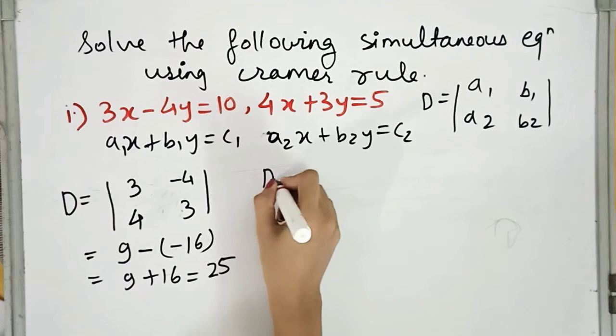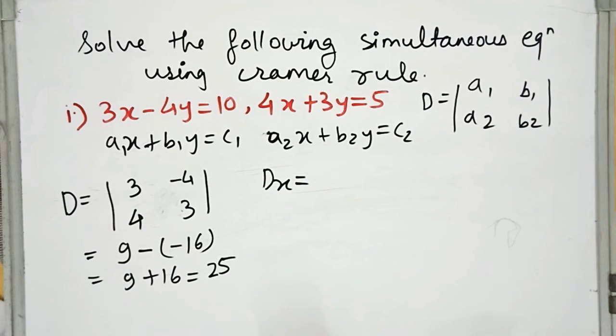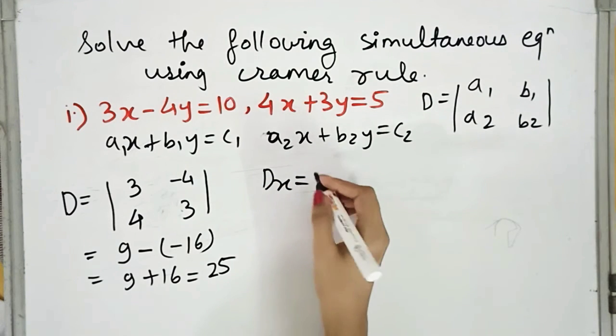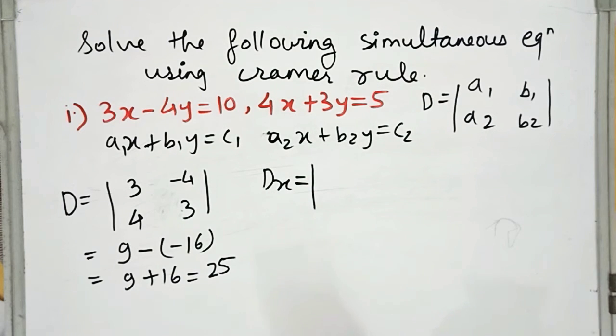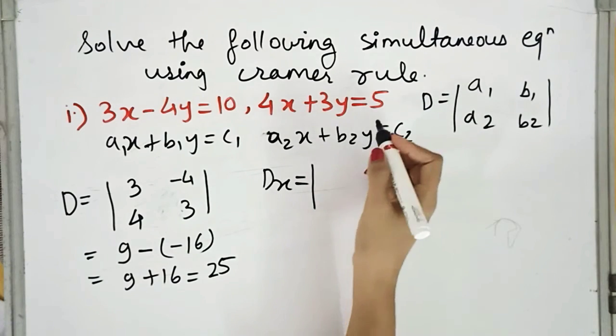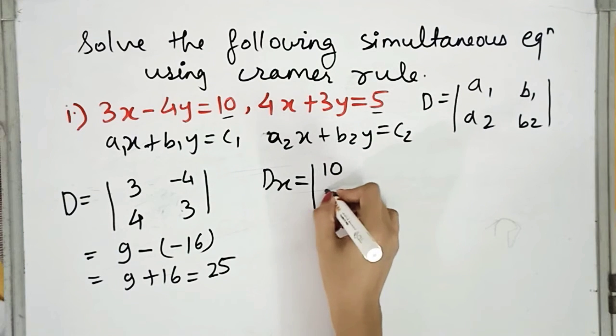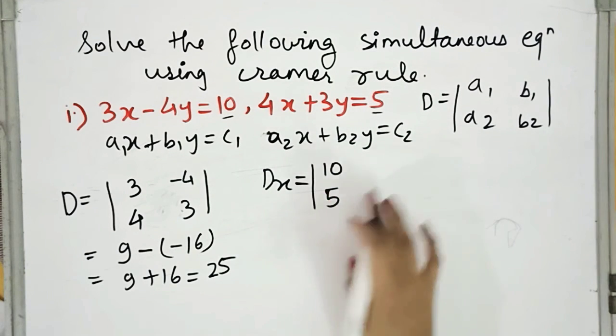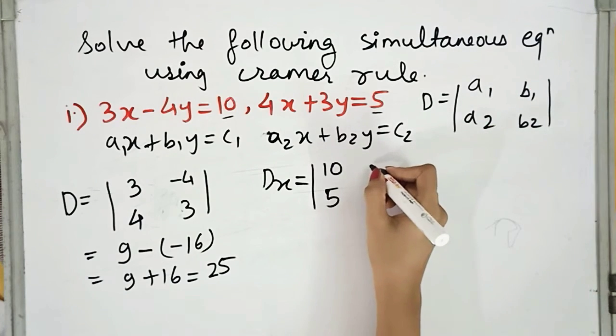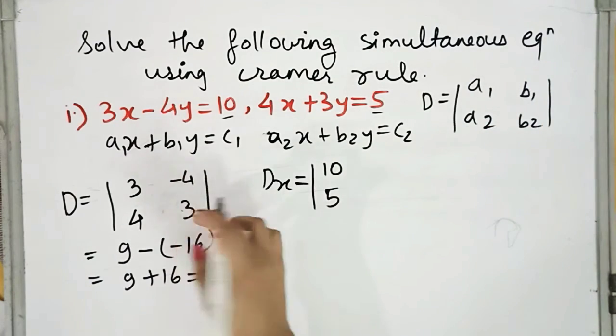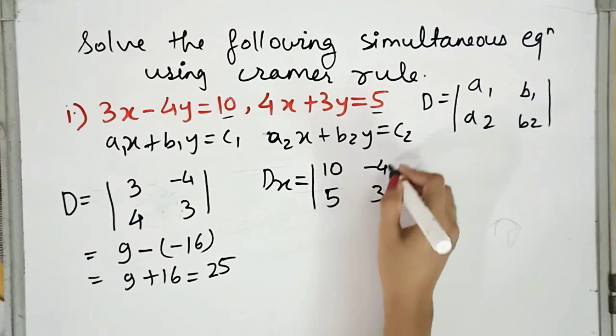Now we have to find Dx. Dx is where the elements of x are replaced by c1 and c2. So c1 and c2 are 10 and 5. We will write 10, 5 in place of a1 and a2, and b1 and b2 will remain as they are, that is -4 and 3.